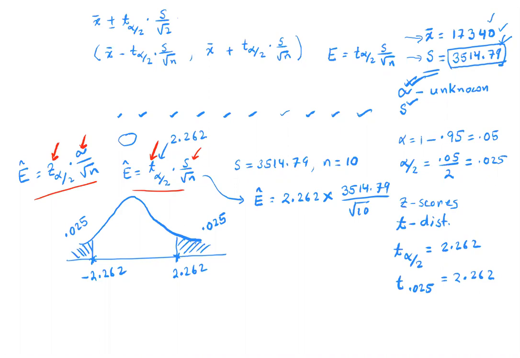Now, if I do the math, 3,514.79 times 2.262, all of it divided by square root of 10, that's going to give you 2514. So the margin of error is 2514.15.